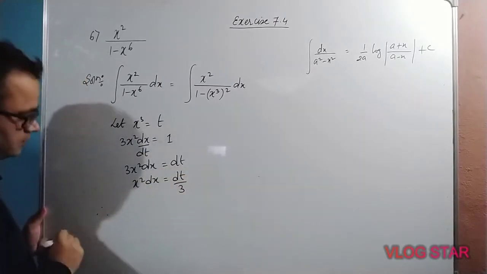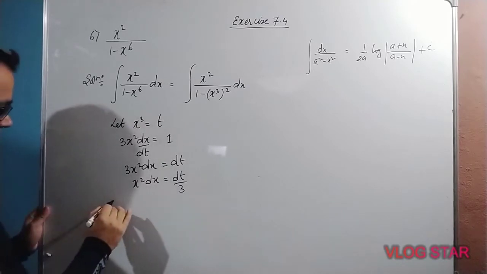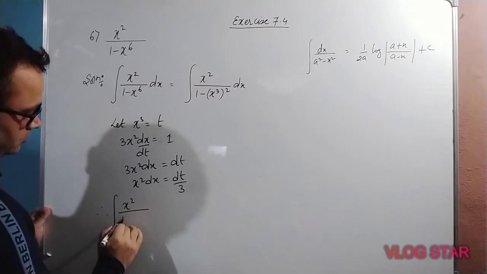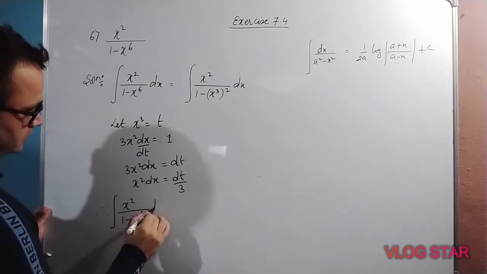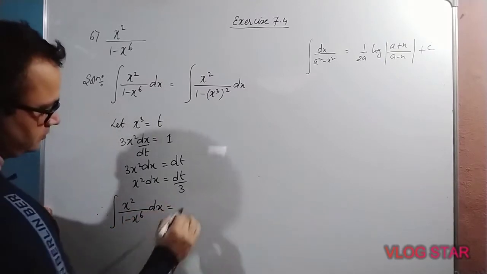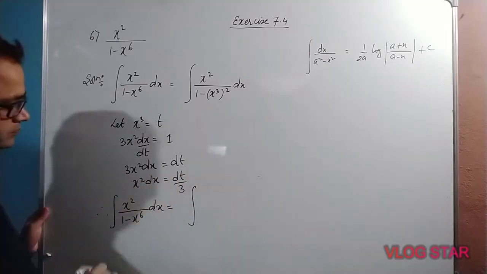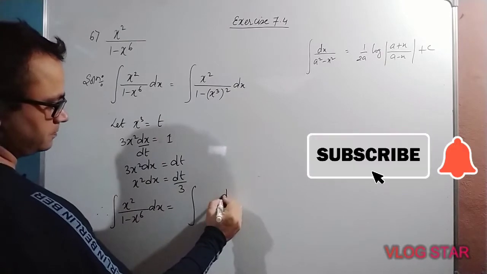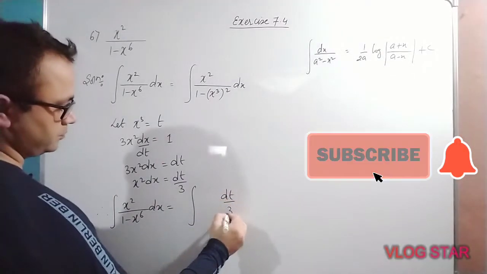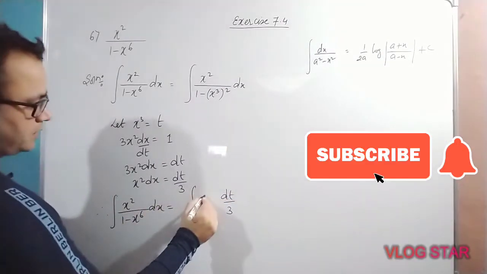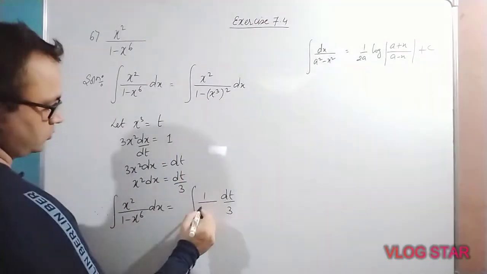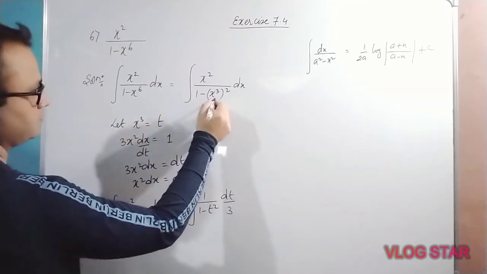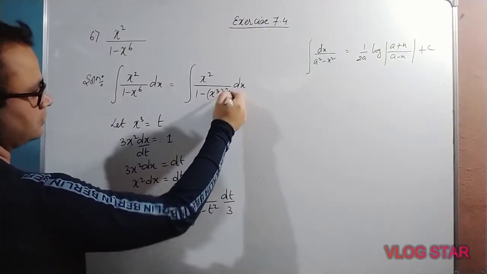Now we can write the integration of x square by 1 minus x to the power 6 dx as integration of 1 by 3 dt divided by 1 minus t square, because x cube is t.